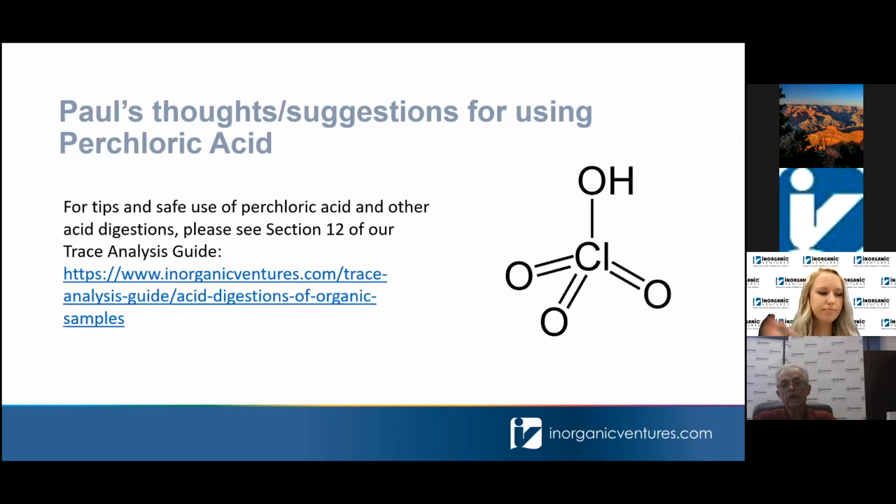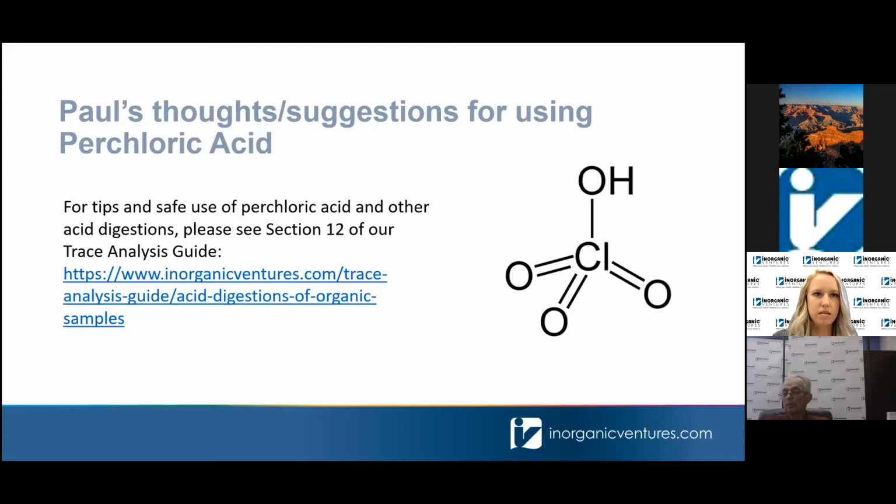Our trace analysis guide, section 12, goes into safety aspects of that. If you get on our website, go to our trace analysis guide, please, in section 12, and that will take you to a discussion of oxidation of organics.